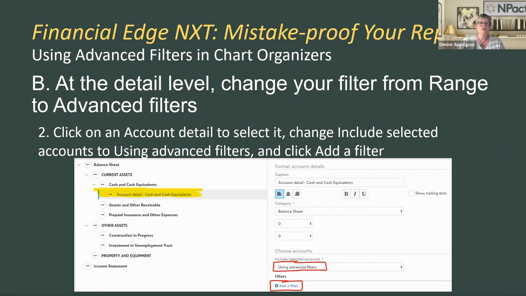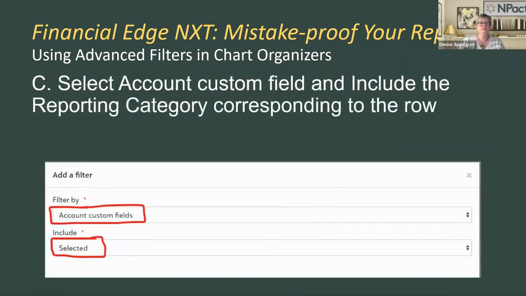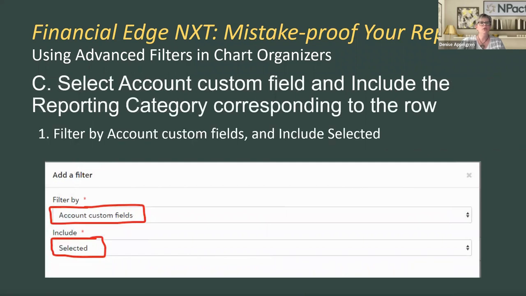And then in the filters area, we're going to click add a filter. That will open a new window, and we're going to change our filter by to account custom fields, and we're going to include selected.